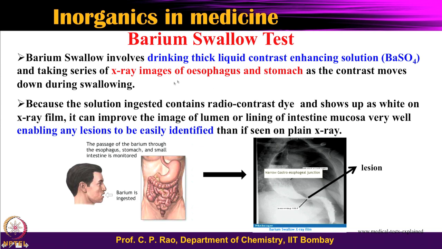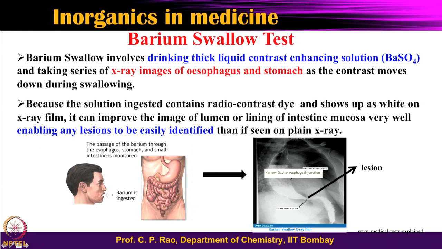This is taken as barium sulfate into the body. I mean, you drink it basically. The person undergoing this test, also known as the barium meal test, is allowed some time for the passage through the body, then you take an X-ray of the oesophagus and stomach, and the contrast moves down during the swallowing.